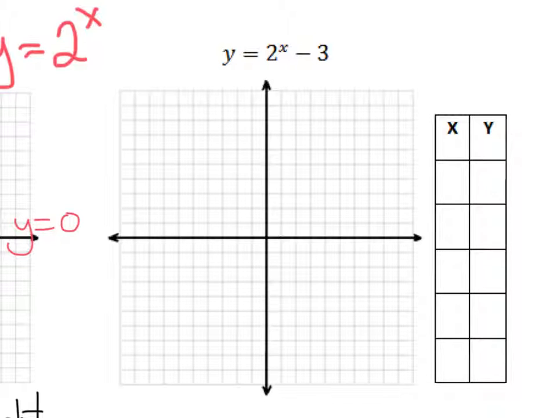I'm going to go back to my original exponent since I'm not changing them any. So negative 2, negative 1, 0, 1, and 2. So this one says we're going to take each of the values that we got in the original chart, the 2 to the x, and then we're going to subtract 3 from them. So our first value in the chart is that 0.25.